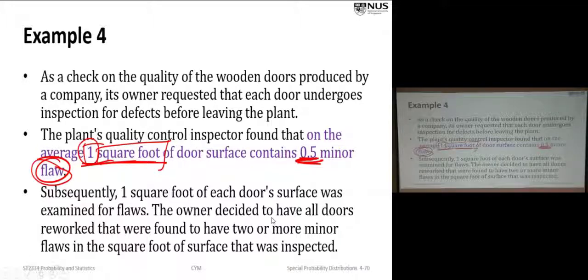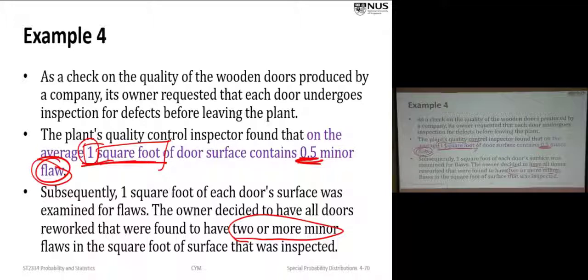So here is what the owner decides. If there are 2 or more minor faults over the door, then you have to rework. So in other words, we would like to find out what's the chance that a door will be reworked.